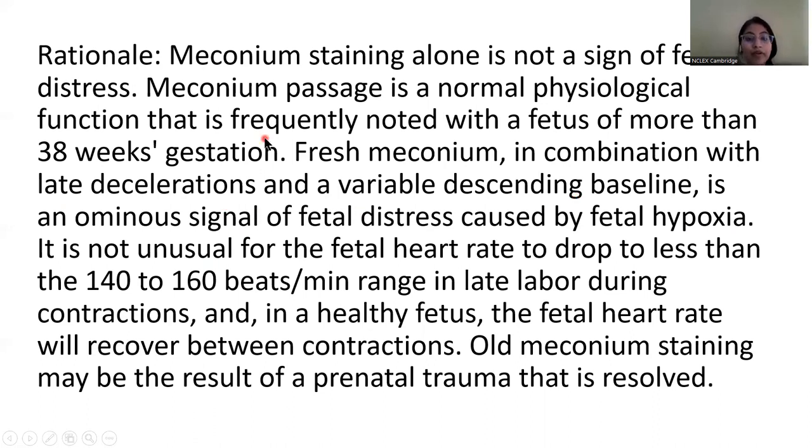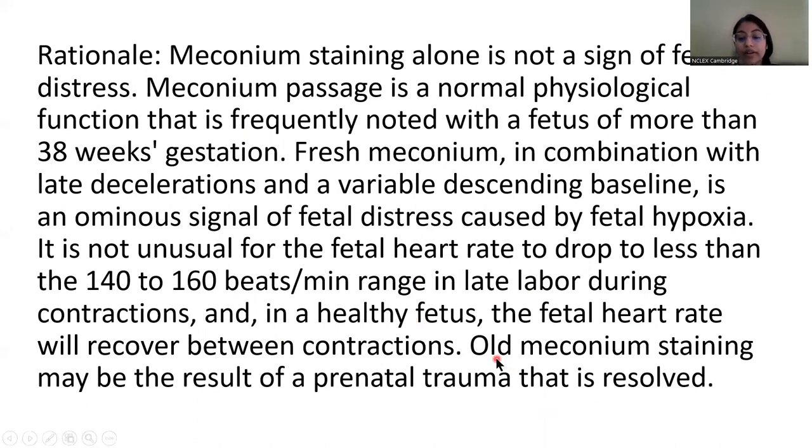So the meconium is not a component of fetal distress. If there is a decrease in fetal heart rate, it is the main component of fetal distress. Fetal heart rate drops to less than the 140 to 160 beats per minute range in late labor during contractions, and in a healthy fetus, the fetal rate will recover between contractions. Okay, so if the fetal rate is recovering, then it is normal in a healthy fetus, and it is not a sign of fetal distress.